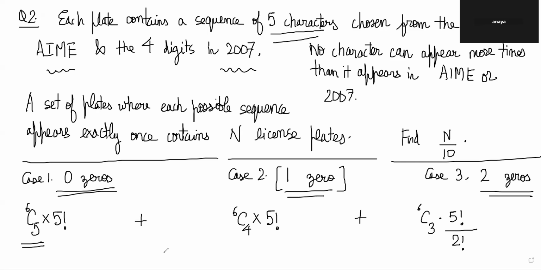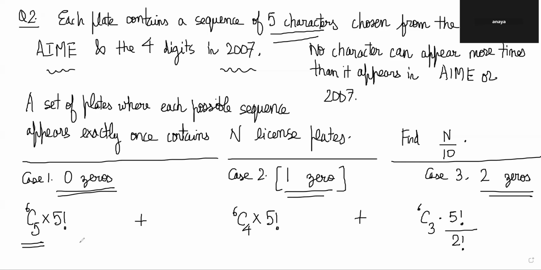So then 6 choose 5 times 5 factorial is just 6 factorial. And then 6 choose 4 times 5 factorial is like 6 factorial times 5 by 2 factorial.